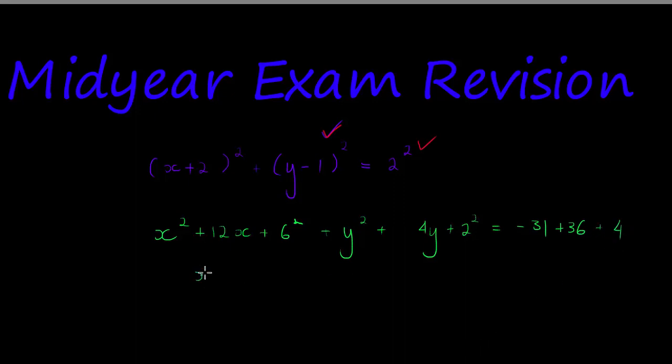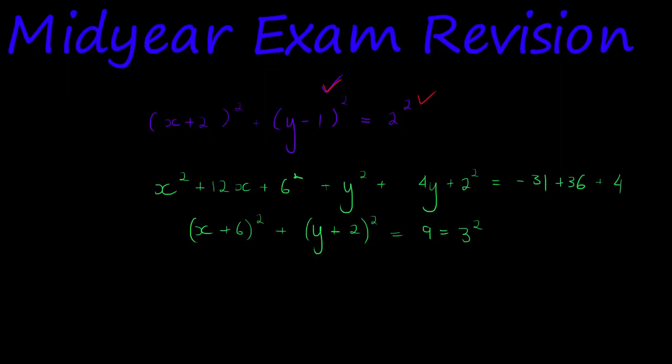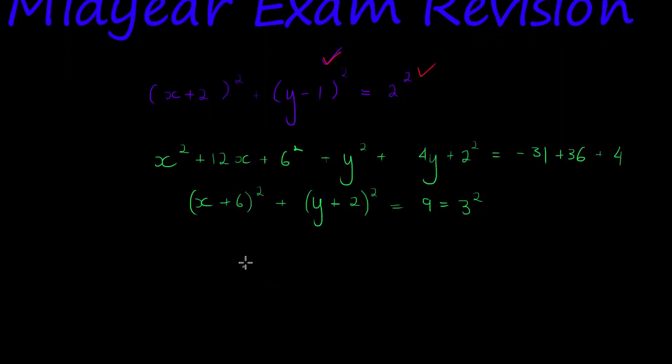Now all I need to do is factorize this into (x plus 6) squared plus (y plus 2) squared is equal to, on this side, 40 minus 31 is 9, which is 3 squared. The reason I write it as a square is because that now gives me my center.